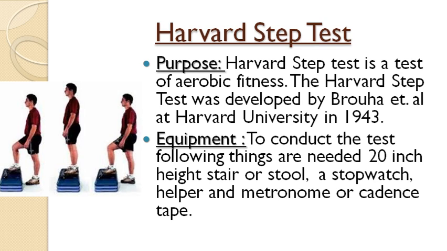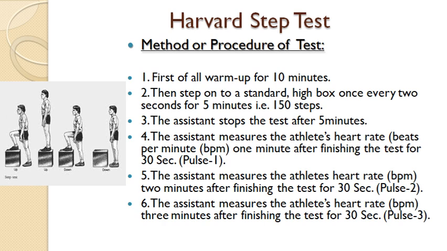In the Harvard step test, we discussed that the purpose is to measure aerobic capacity or aerobic fitness. Aerobic activities means those activities which we perform in the presence of oxygen. In this test, a person steps up on a box which is 20 inches in height.